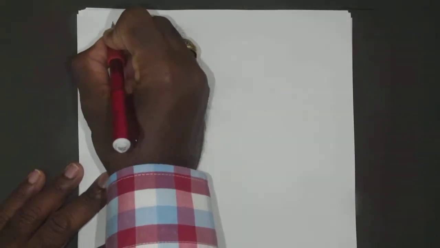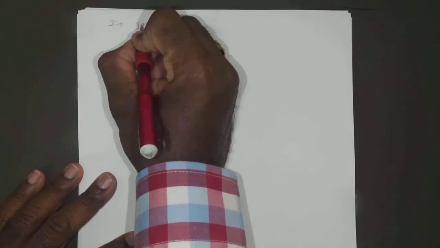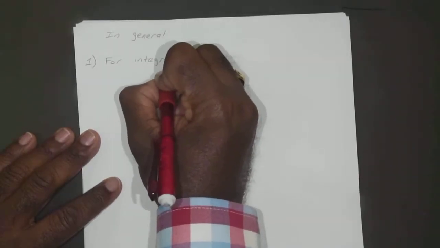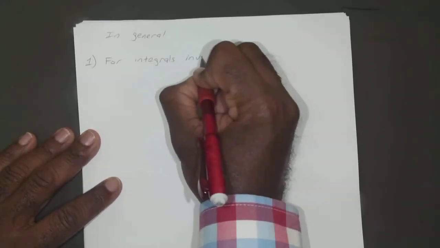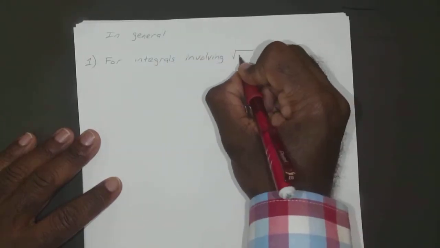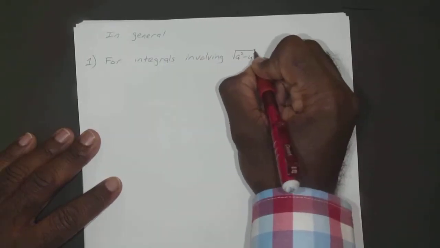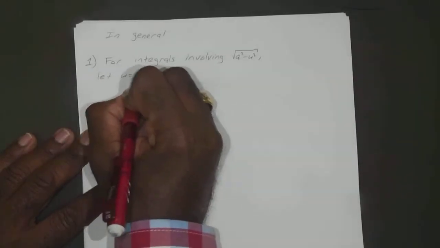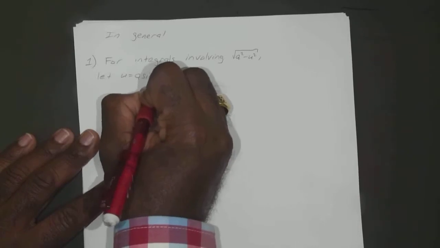Okay, so let's say in general, for the first one, just like we proved before, for integrals involving the square root of a squared minus u squared, let u equal a sine of theta.